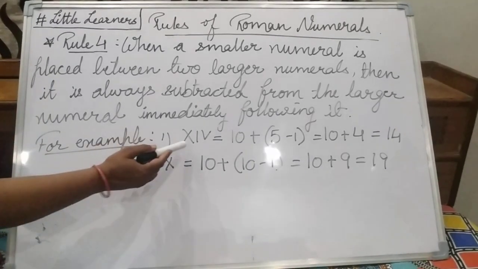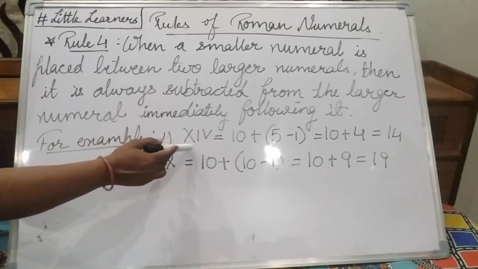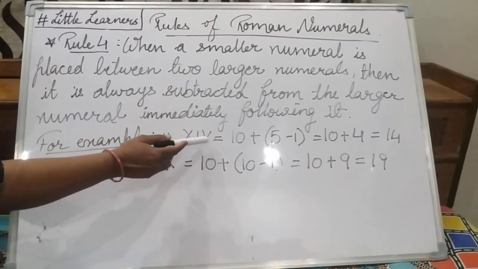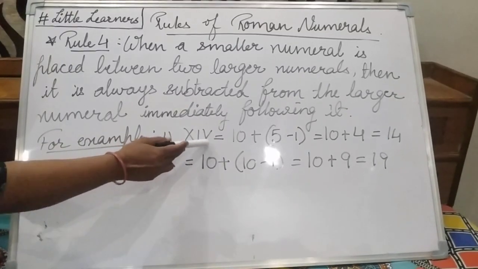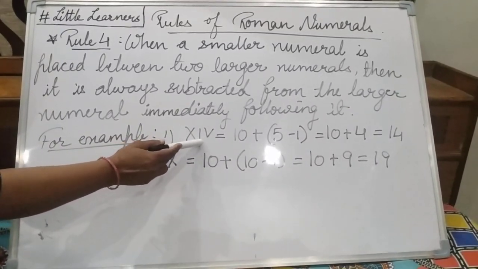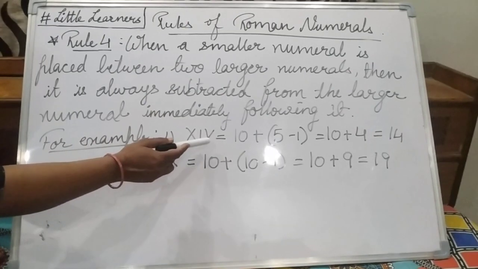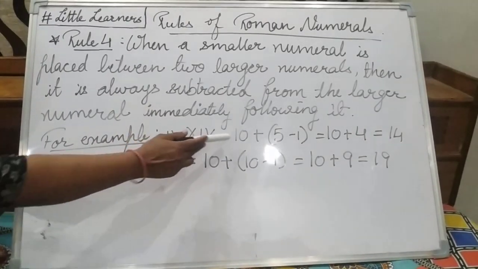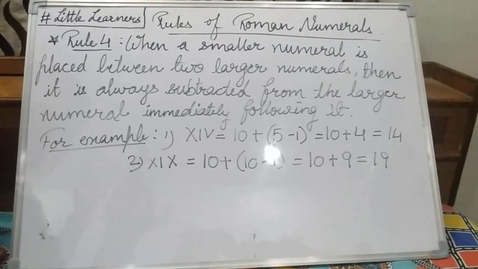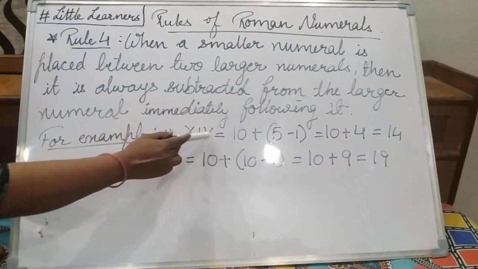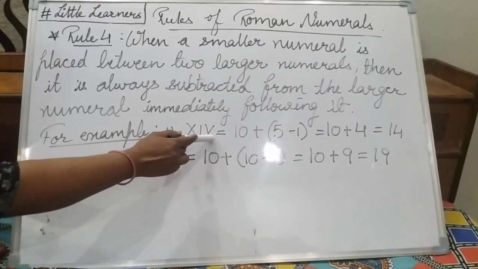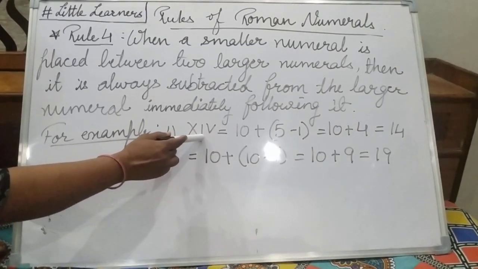See how. I have written an example, XIV. Here you can see X is greater, V is greater, and between these two Roman numbers we have I, which is smaller. So what we need to do is, first this X which is 10 we will write as it is. Okay. Now IV, here we have to subtract, V is 5 and I is 1.